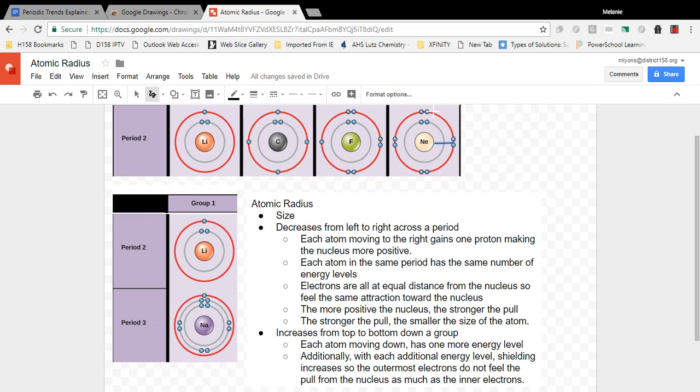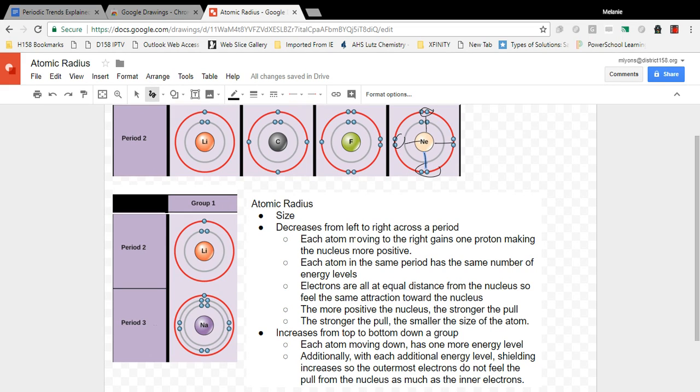It's going to grab hold of those electrons and pull them close because it's got more positive charge, and the result is a smaller atomic radius, a smaller atom.